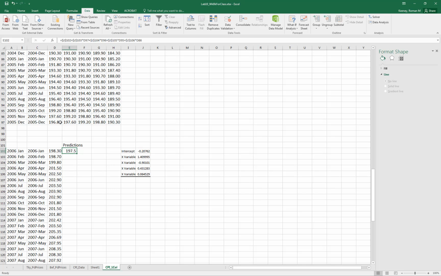And of course, what we did then is we used, I think, 6 years of data up here to come up with this predictive model for prices. And we can already see that we have some error in predicting next January's price. And we can see how far off we were, right?